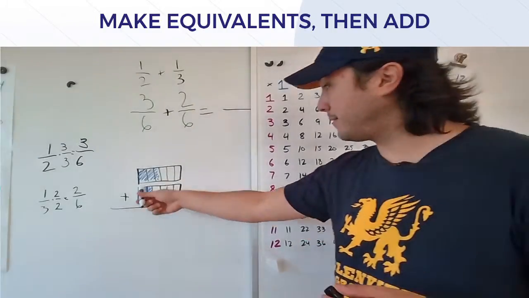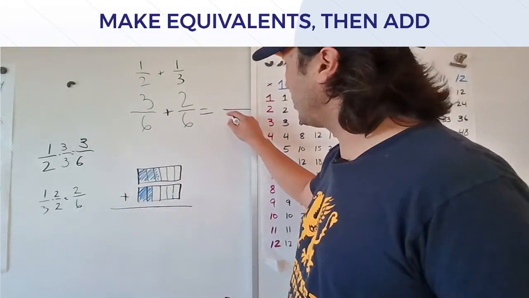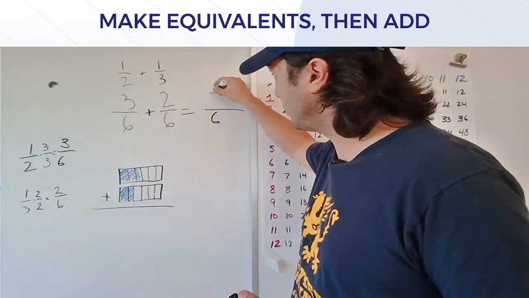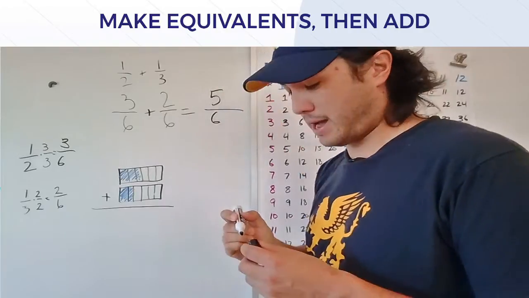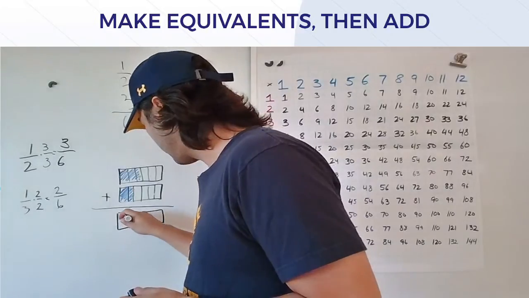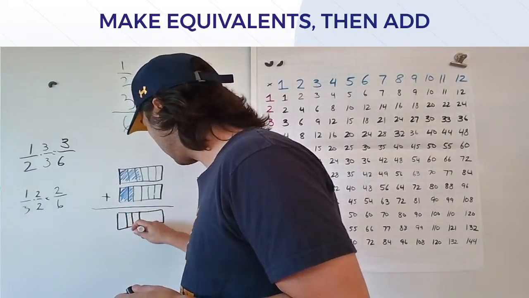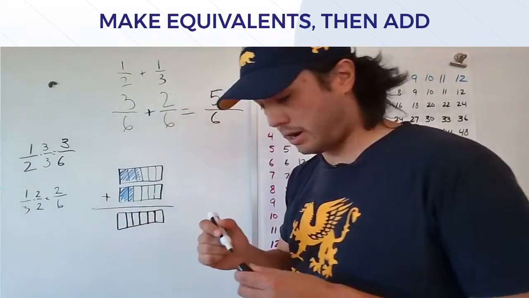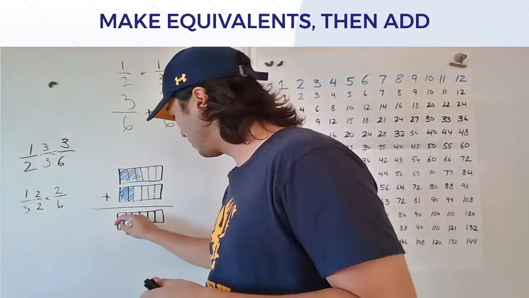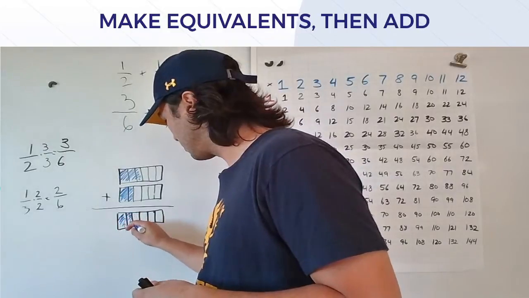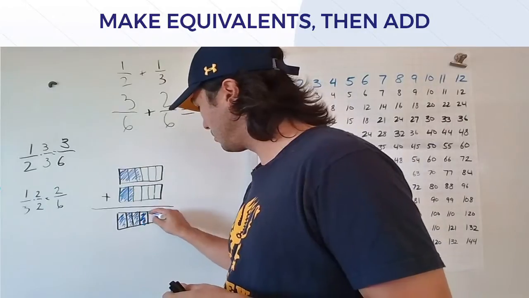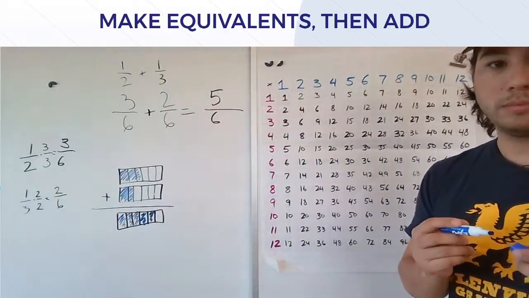And now that I have the same size, all I have to do is keep our denominator the same, and then add our numerators. 3 plus 2 is 5. And you can see that visually here. If I cut this into sixths to match the pieces above, I see 3 pieces shaded in. I see 2 pieces shaded in. When I add them together, lo and behold, I get 5/6.